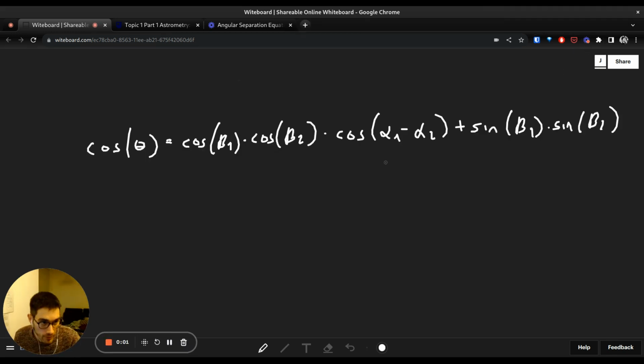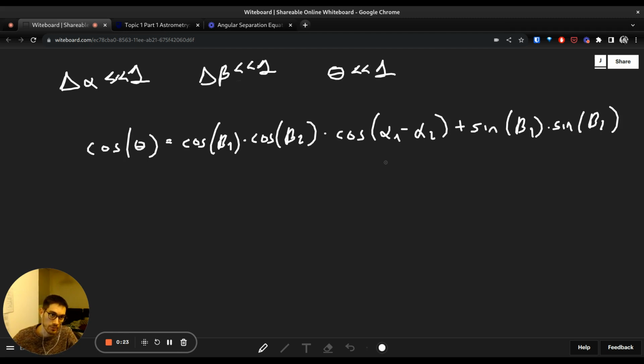And now for the final formula, the assumptions are going to be that the difference between the alpha angles is really small, and also the difference between the beta angles is really small. Of course, the angular separation itself will be really small.